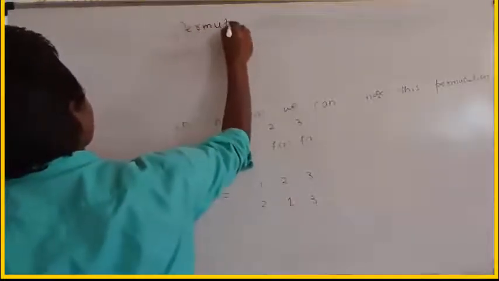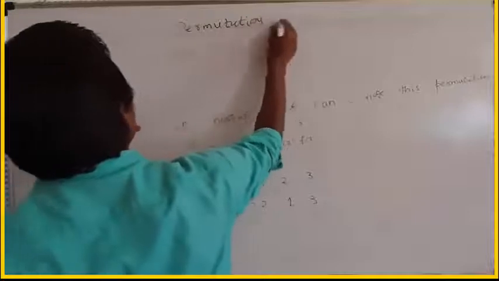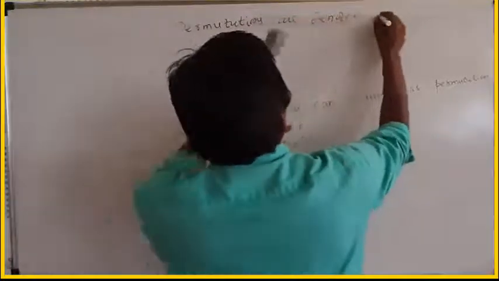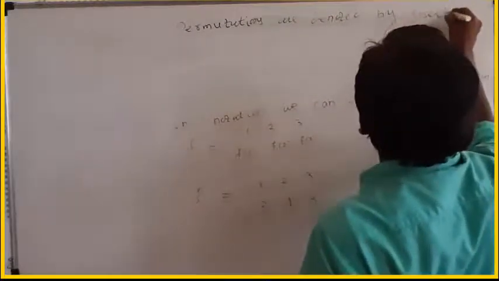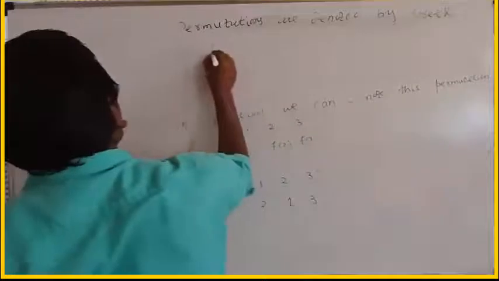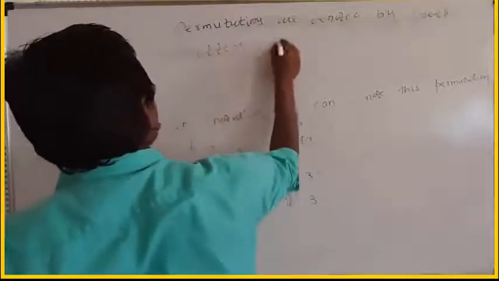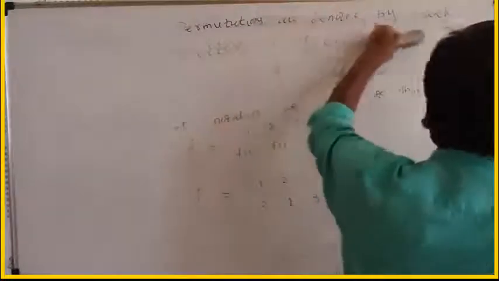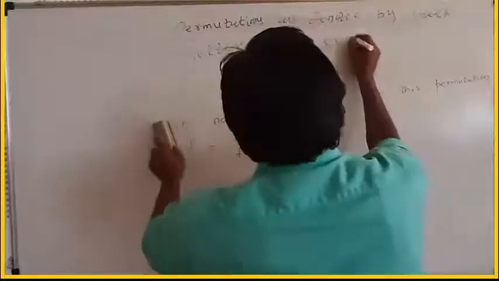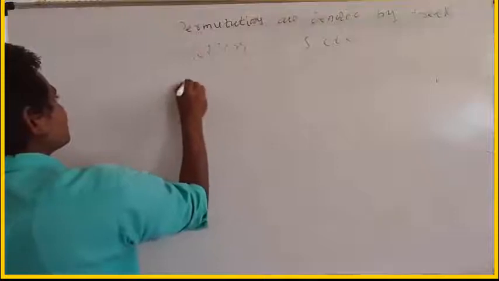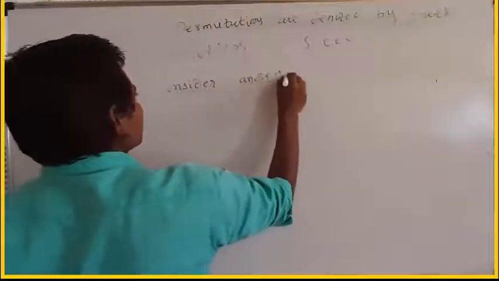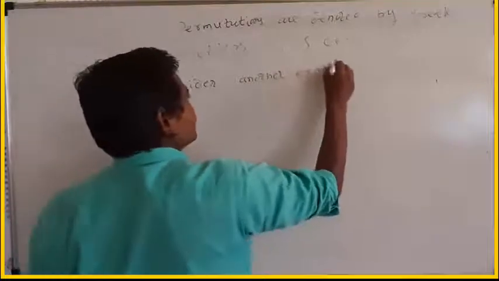Permutations are denoted by Greek letters: sigma, alpha, theta, etc. Consider another example.